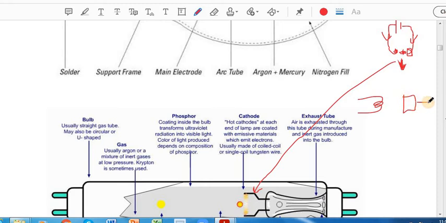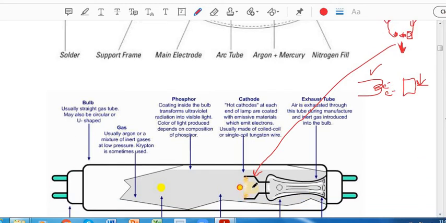Now because the anode will have less resistance, it will not give you any thermionic emission, but this, being high resistance, will give you a lot of heat, and heat will give you electrons coming out. So the electrons will come out, and this is known as thermionic emission, the electron emission due to high temperature.